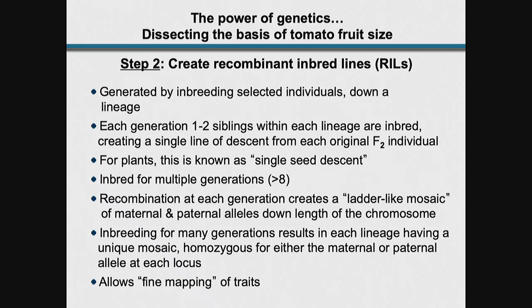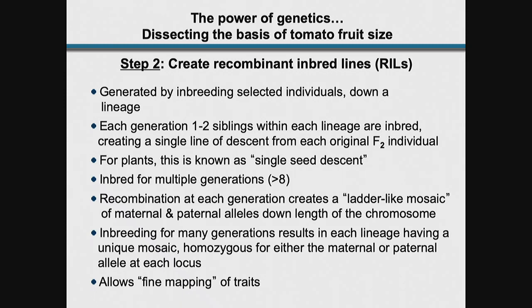Each generation, breeding siblings, or for plants, you can do single seed descent, inbred for multiple generations. Why do we want to do multiple generations? I mean, 8 generations, that seems like a lot. The reason is because you need them to be as homozygous as possible, right?